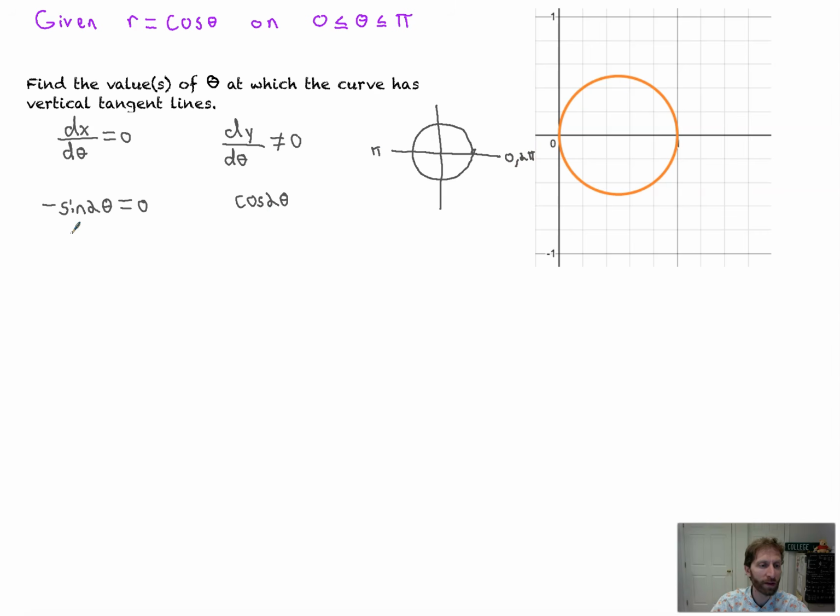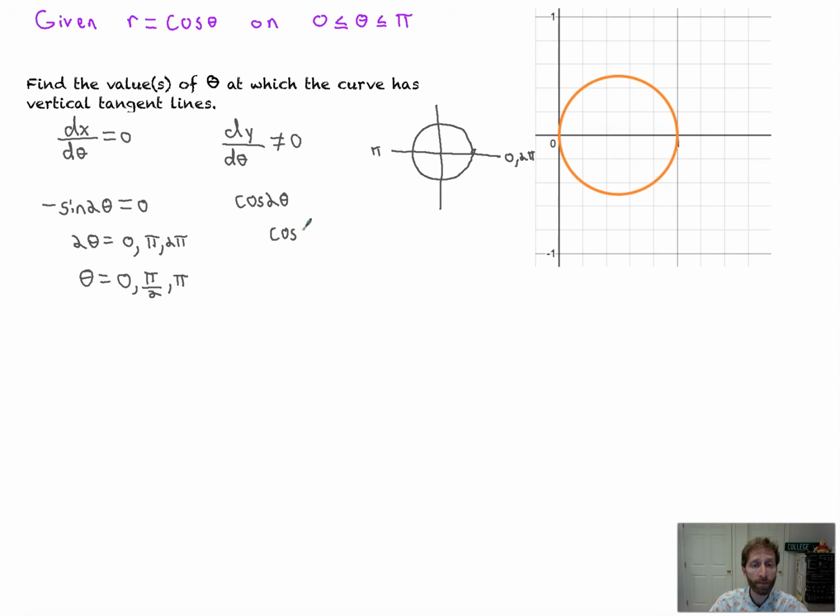And I think that'll do it for us because we've got 2 theta, that's the angle, equal to 0, pi, and 2 pi. If we go up any higher, even if we divide by 2, we're going to get numbers above pi, which is outside of our interval. So we divide by 2, I get theta equals 0 over 2 is 0, pi over 2, and 2 pi over 2 is pi. Now let's check it out. We want to make sure that dy d theta does not equal 0 at any of those values.